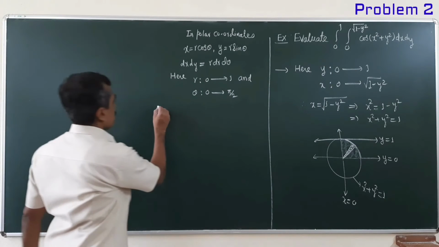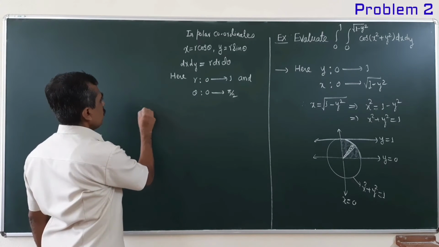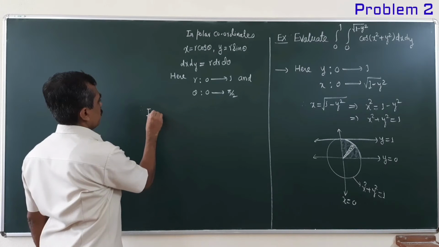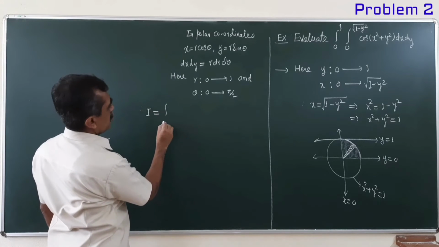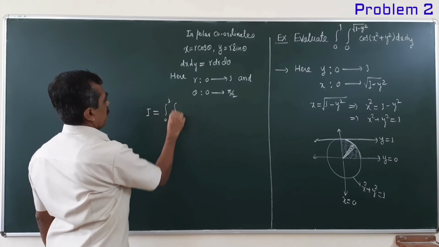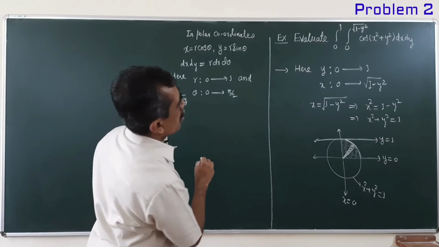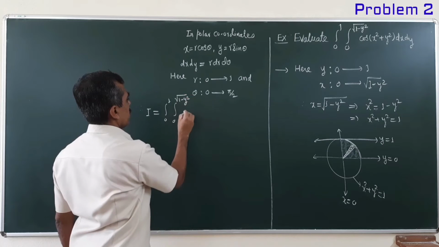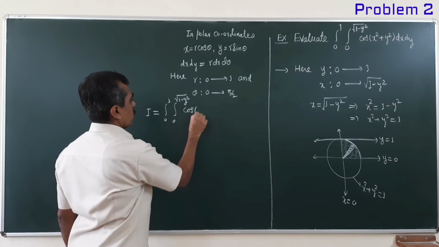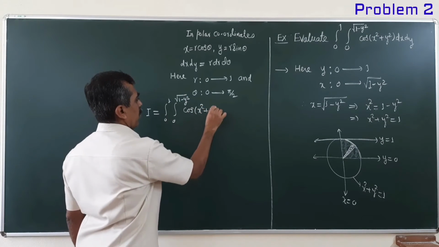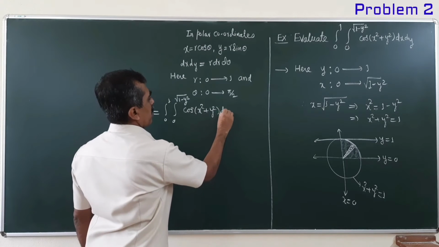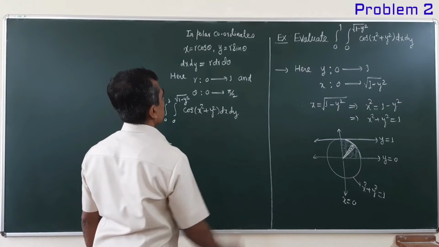So I is equal to integral 0 to 1, integral 0 to root of 1 minus y square, cos of x square plus y square dx dy.